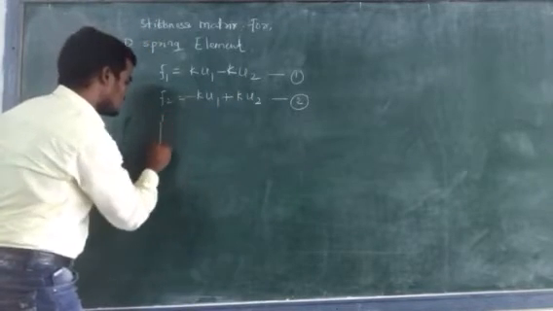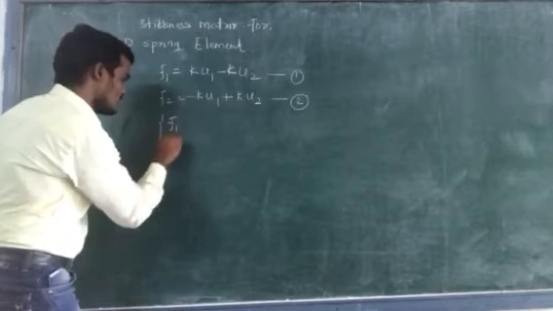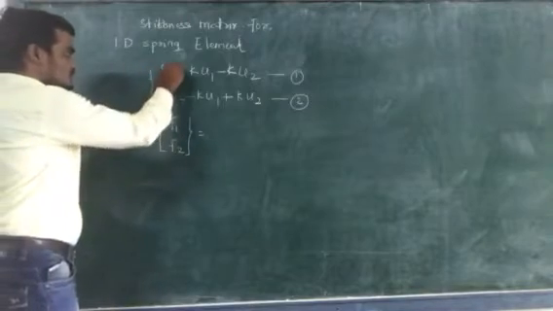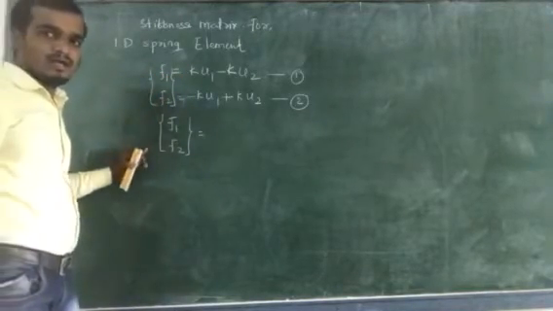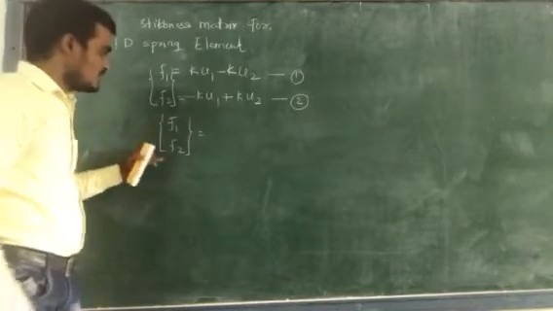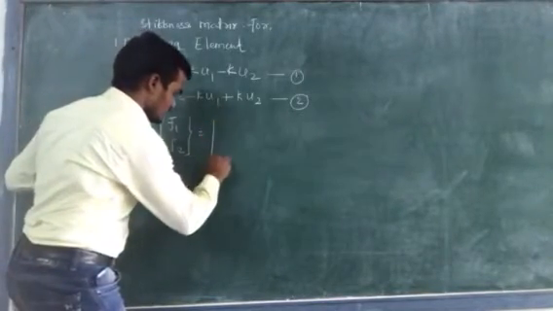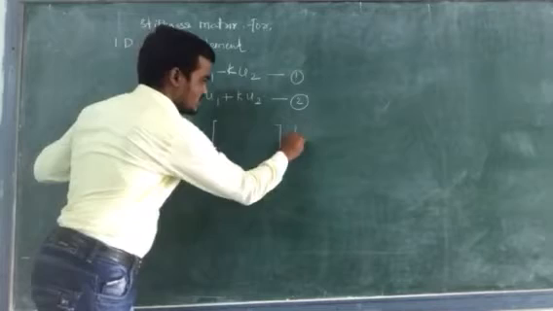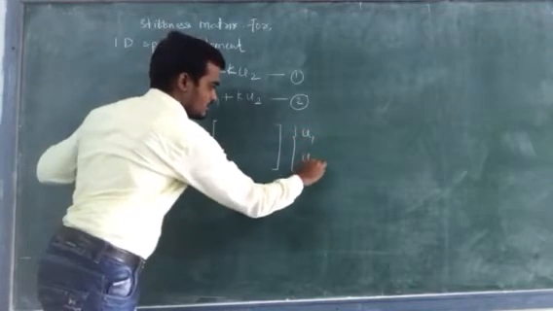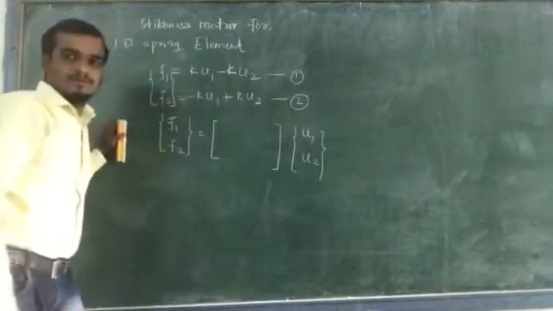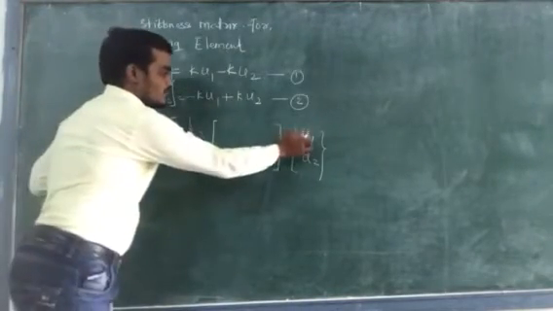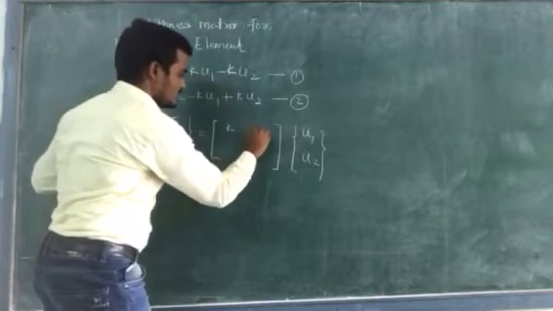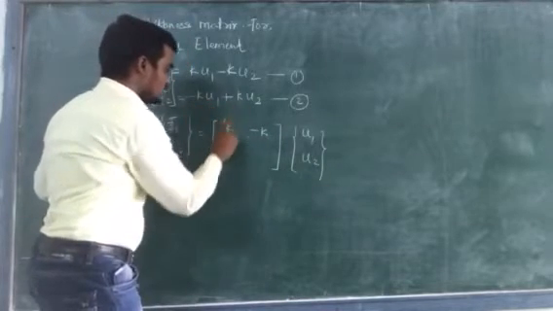First there will be a force vector, F1 and F2, which is equal to the matrix K, minus K, minus K, K, multiplied by U1 and U2, which is nothing but your displacement vector.